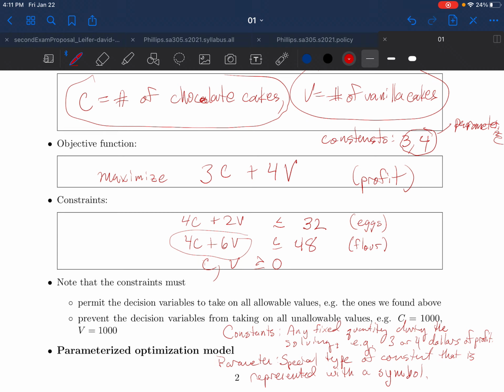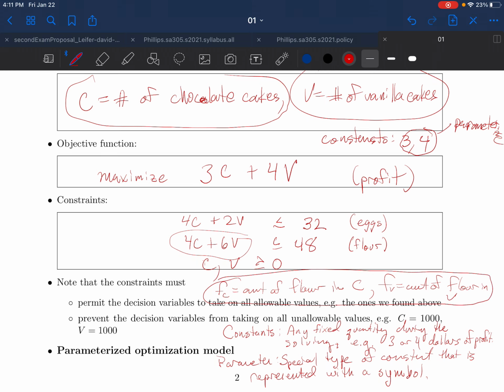So instead of the 4, he might say, well, let's let F_C equal amount of flour in chocolate, and F_V equal amount of flour in vanilla. These would be constant while we were solving the model.